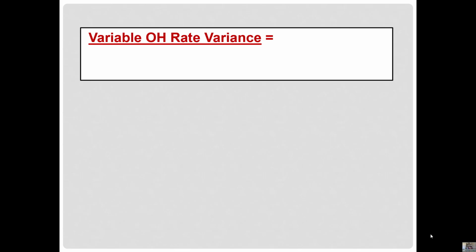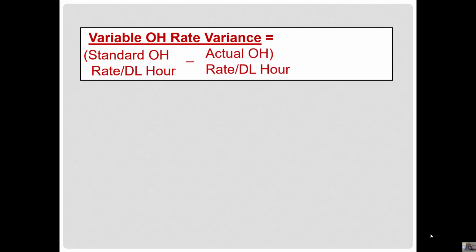So our variable overhead rate variance, we will take the standard overhead rate per direct labor hour minus the actual overhead rate per direct labor hour. So we isolate in parentheses the difference in rate, and then we multiply by the actual quantity of labor hours.